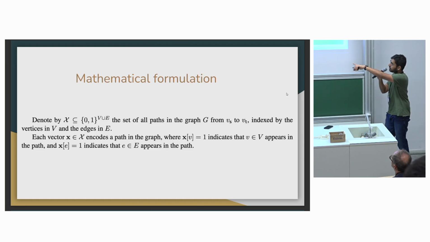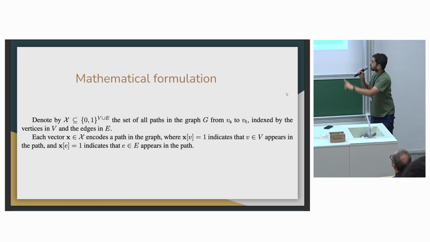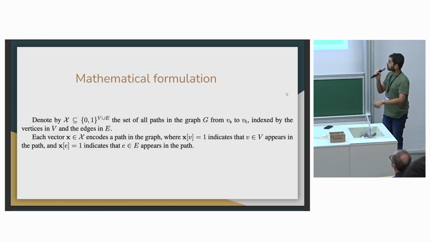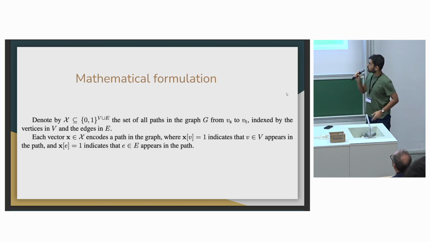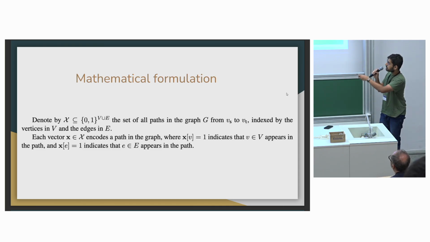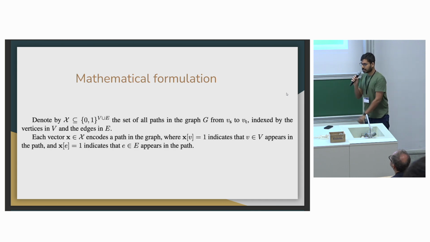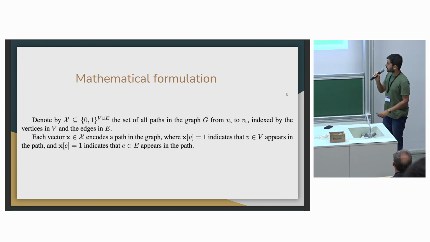Just a few mathematical notations. I'm using calligraphic X to denote the set of all paths from source to sink. I'm also going to represent a path using a vector x, which is indexed by both vertices and edges. You'll see why I did that later in the talk.